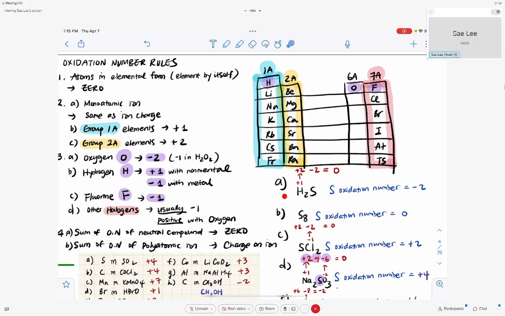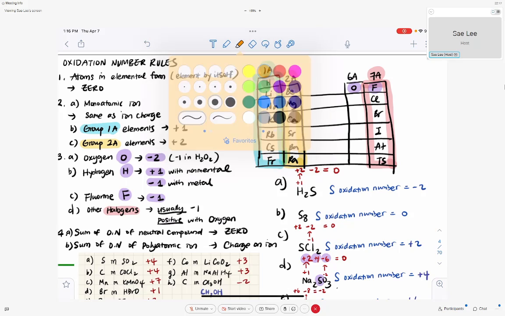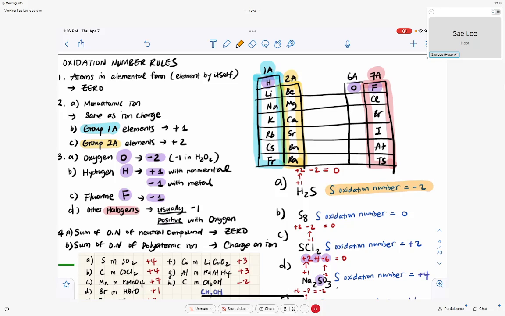Each hydrogen atom has oxidation number of +1. Since we have 2 hydrogen atoms, the oxidation number of 2 hydrogen atoms will be +2. In order for the sum to be 0, sulfur's oxidation number has to be -2. So the oxidation number of sulfur is -2 in this compound.